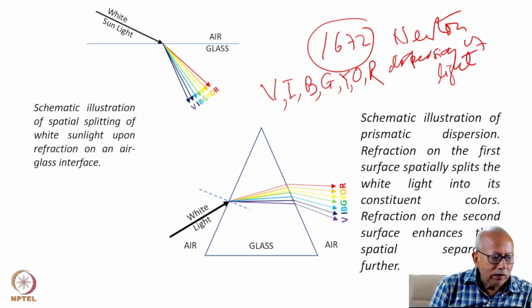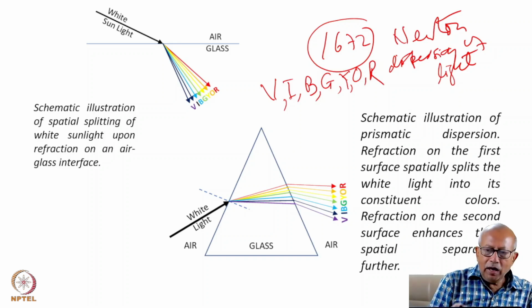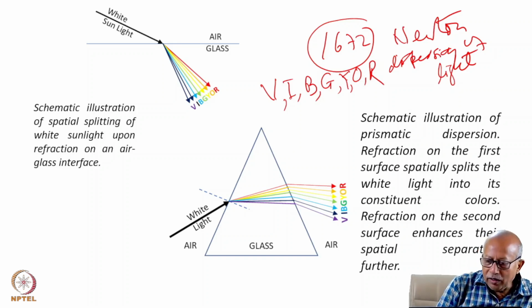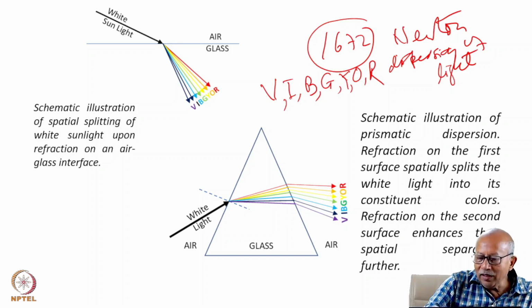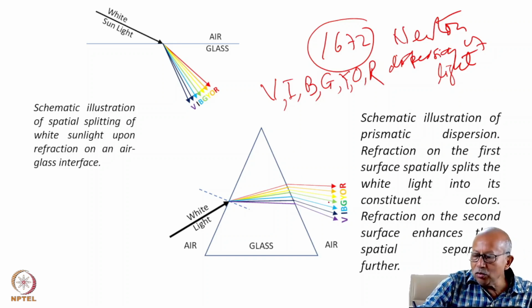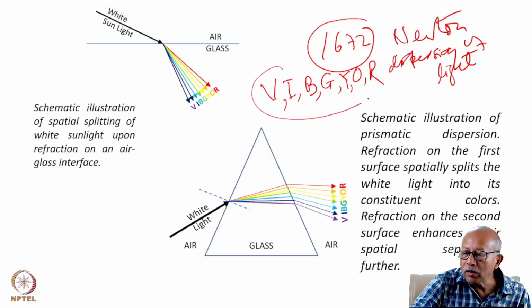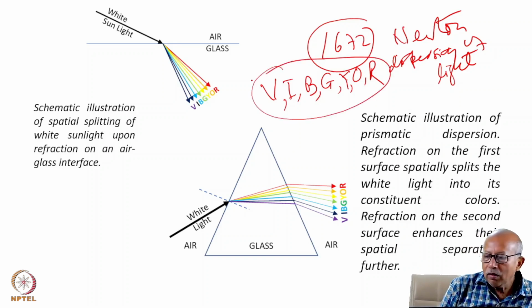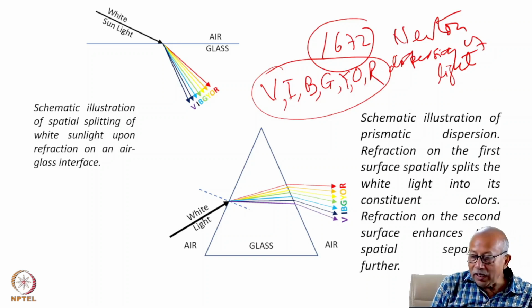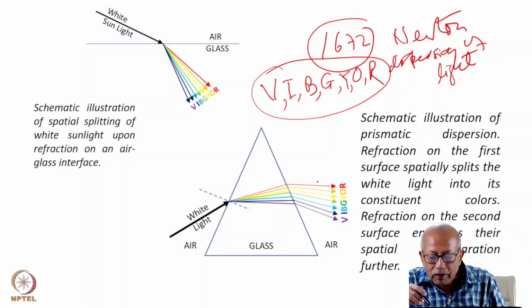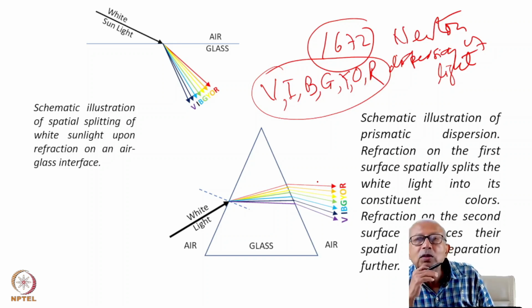He actually allowed sunlight to travel through a prism and found that the white light is split into all these constituent colors. This is called dispersion of light. We can actually explain this dispersion of light simply by invoking Snell's law of refraction.